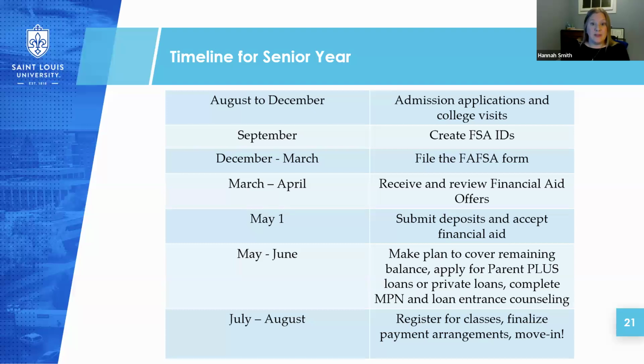And then they also will need to fill out the master promissory note and loan entrance counseling on studentaid.gov. So taking the cue from the financial aid office at the school that they're planning on enrolling in and making sure that they're checking their emails and doing all of the things that they need to do to make sure that everything is put in place is going to be important too.